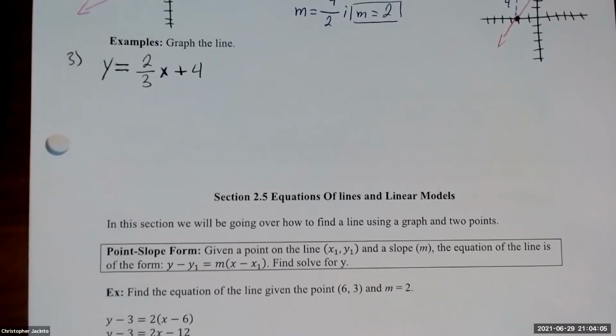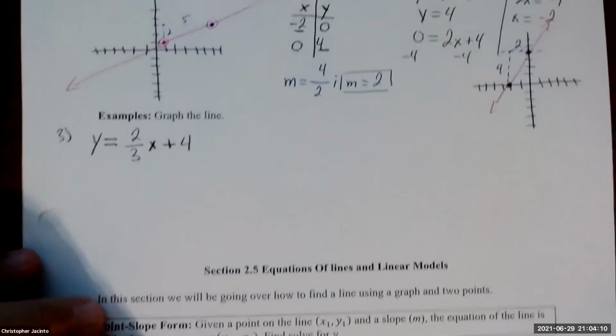And again, we want to graph the line and find the slope. Okay. So we could do the exact same thing we did here.